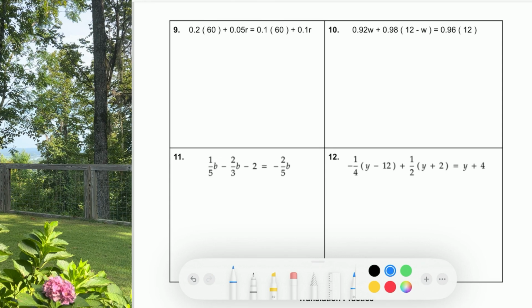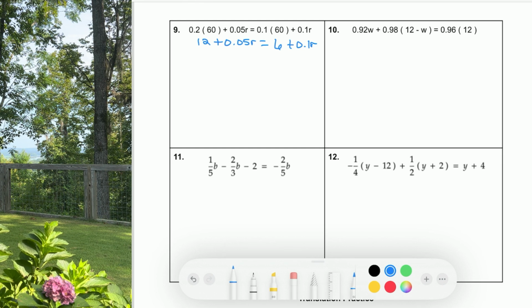We have decimals here. Let's go ahead and multiply those out and then work on getting rid of the decimals if we need to. Okay. So 0.2 times 60 is 12. 0.1 times 60 is 6.